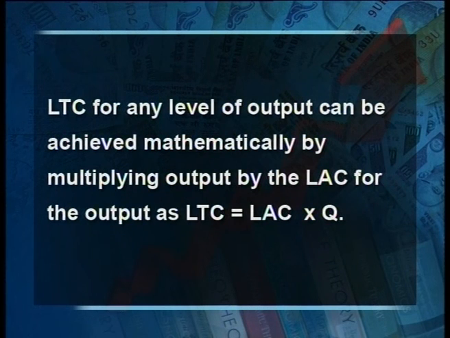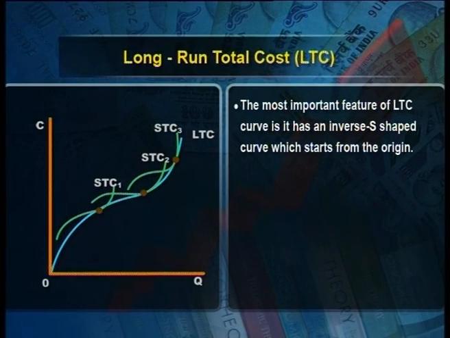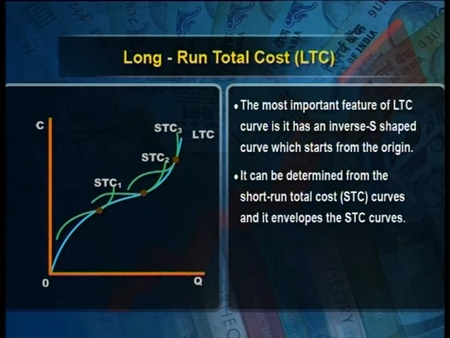The same can be stated as follows: LTC equal to LAC into Q. The most important feature of LTC curve is it has an inverse S-shaped curve which starts from the origin. It can be determined from the short run total cost curves and it envelopes the short run total cost curves.